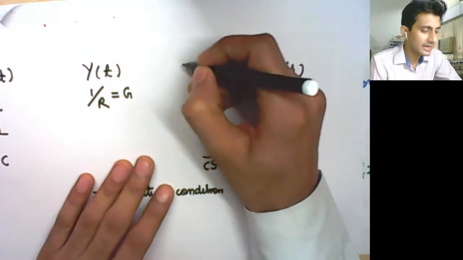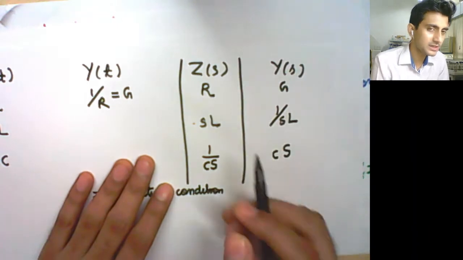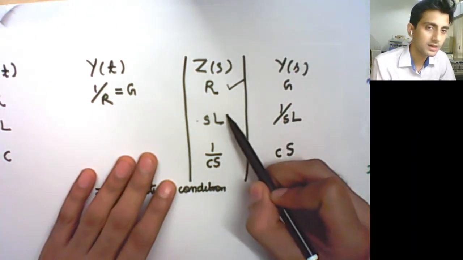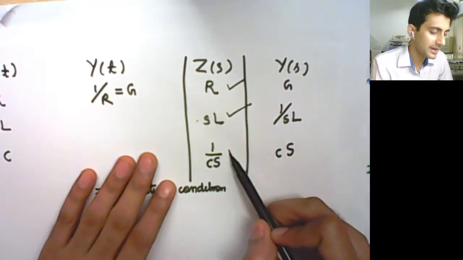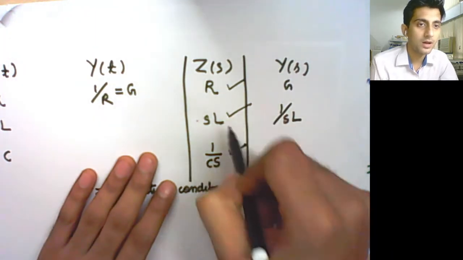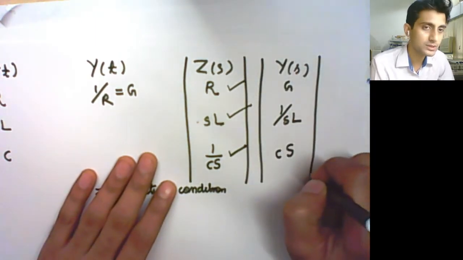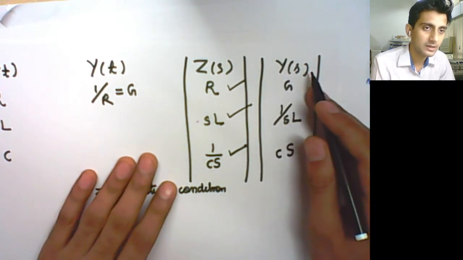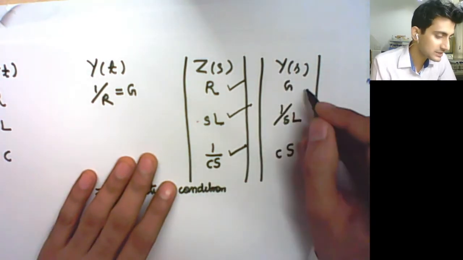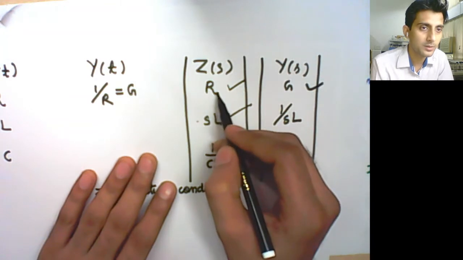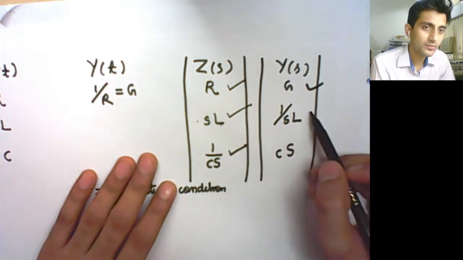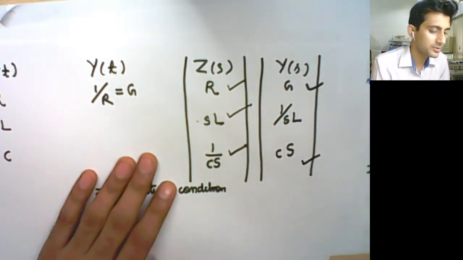So if your representation in S domain is impedance, then resistance will be represented by R, inductance by LS and capacitance by 1 upon CS. And if your representation is in admittances, that is conductances, then you will represent resistance and conductance as G, which is nothing but equals to 1 upon R. If it is inductance then 1 upon LS and if it is capacitance then 1 upon CS.